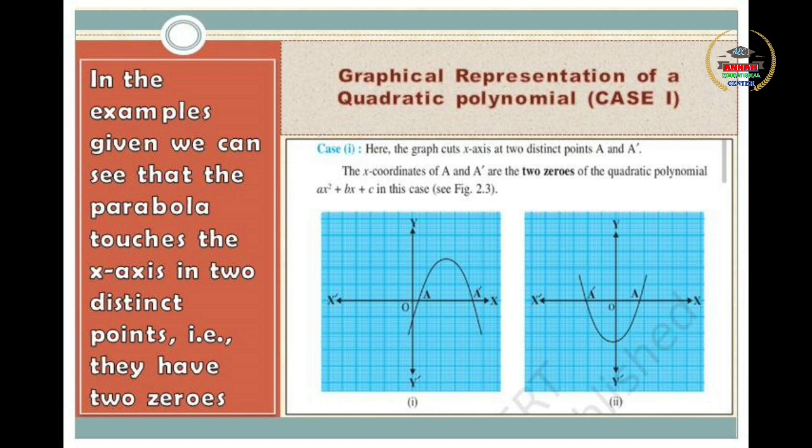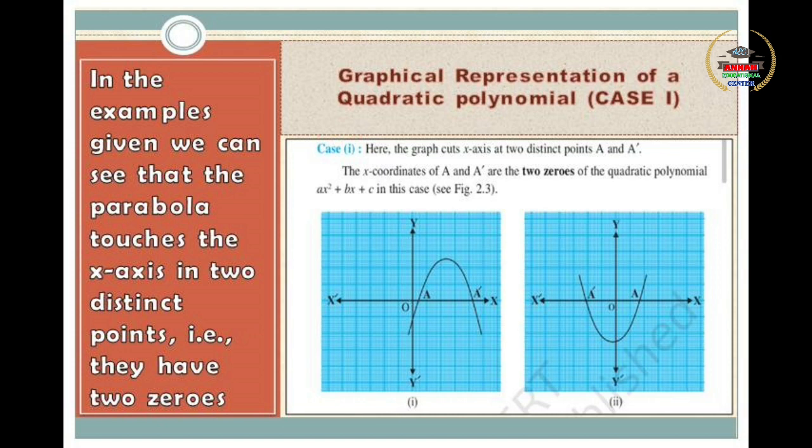First, in case 1, we are seeing quadratic polynomials with 2 zeros. When you see both the examples given there, you can see clearly that the parabola in both the graphs is touching the x-axis in two distinct points. So there are 2 zeros in both the cases, a and a dash. We can see that the parabola touches the x-axis in two distinct points, that is, they have 2 zeros.